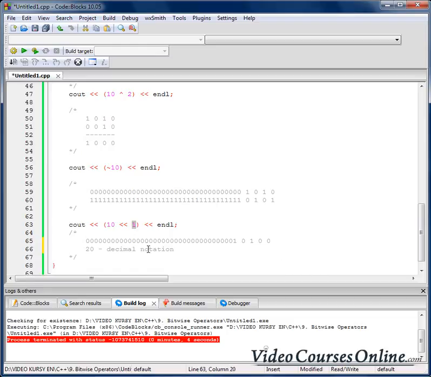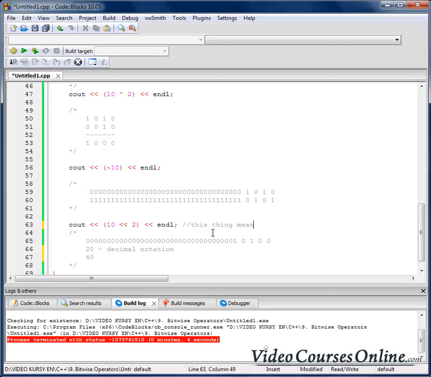And if I did something like that, I would have the bits shifted to the left one more time, and we would have 40 here, because we would multiply it again by 2. So this means that we are multiplying by 2 raised to the power of that number.